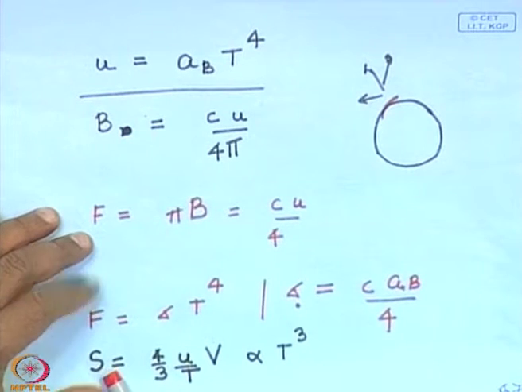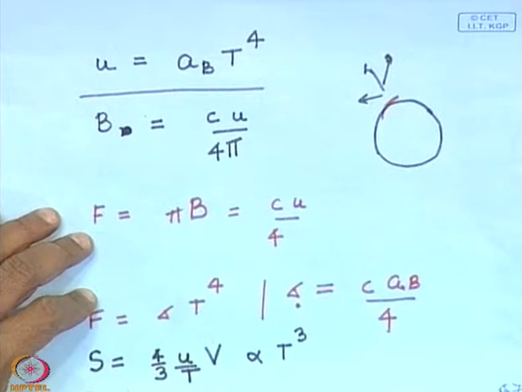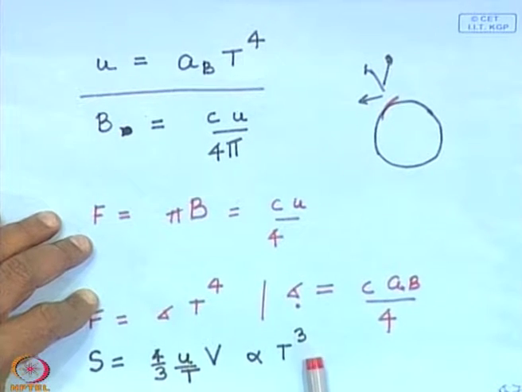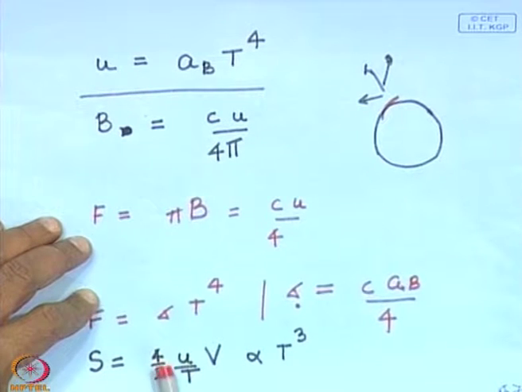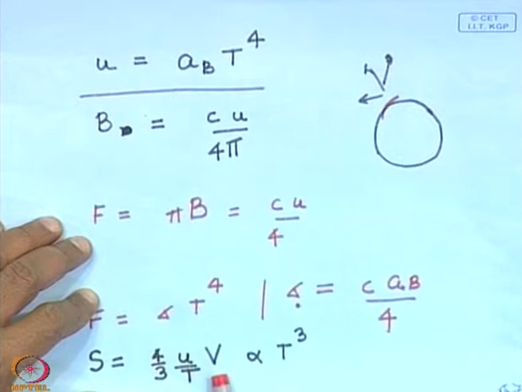We also calculated the entropy, and the entropy we saw is proportional to T cubed, and it is equal to 4/3 into the energy density by the temperature into the volume of the system.